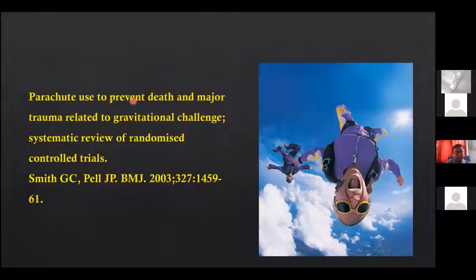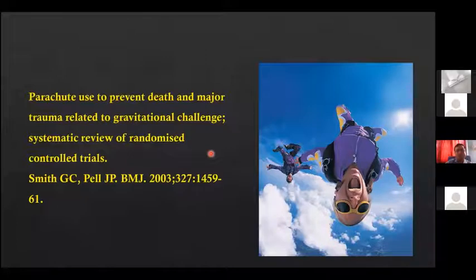This is another example taken from the British Medical Journal: parachute use to prevent death and major trauma related to gravitational challenge. If you read this article in the British Medical Journal, you will find that it is a satire on the literature, on the different studies, on the randomized controlled trials.